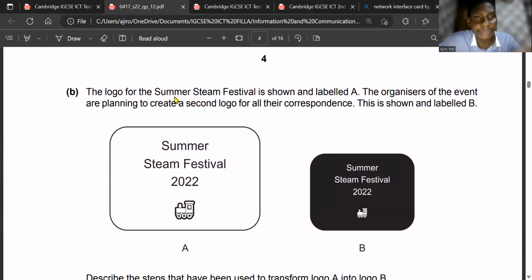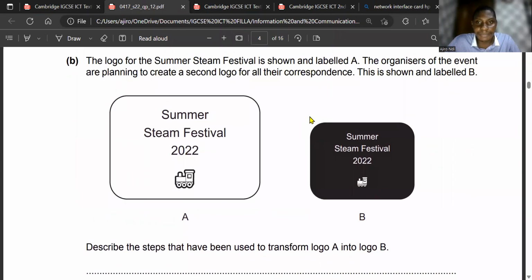They said the logo for the summer STEAM festival is shown and labeled A. The organizers of the event are planning to create a second logo for all their correspondence. Now this is the second logo they have created. This is the first logo, this is the second logo. Literally, there's no difference, but a little bit of a difference. So let's look at the difference here.